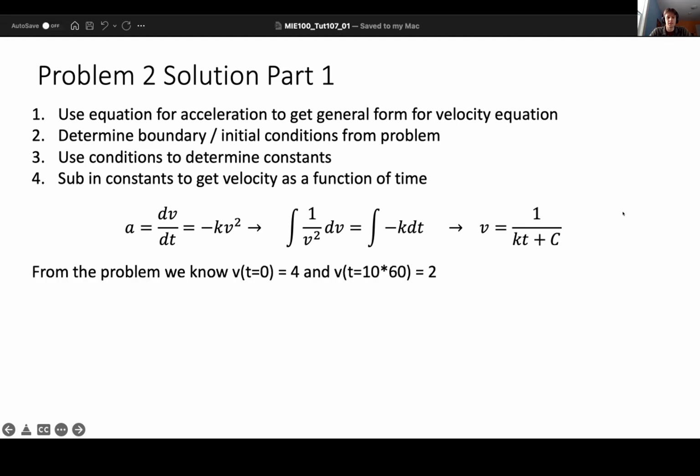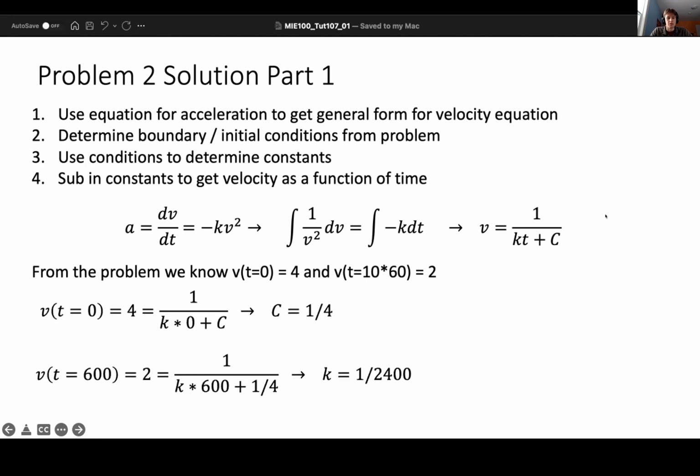So that's the next step. From the problem, we know that the velocity at time 0 is 4 meters per second, and the velocity at 10 minutes, so 10 times 60 seconds, is 2 meters per second. Using these two boundary conditions, we can determine the constants c and k.